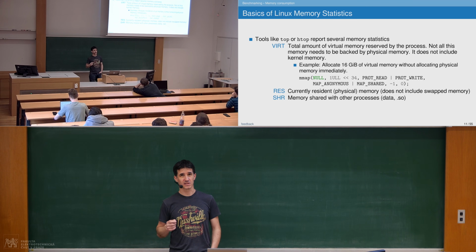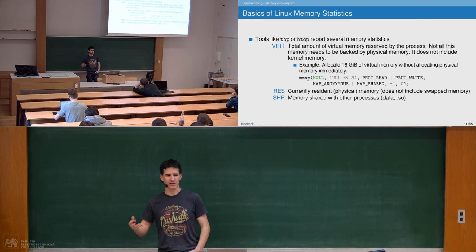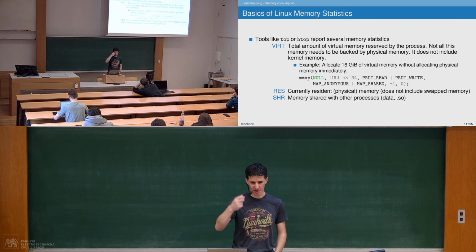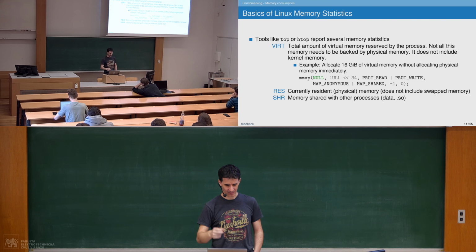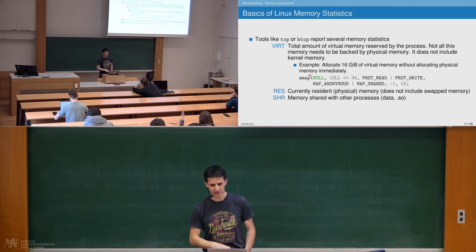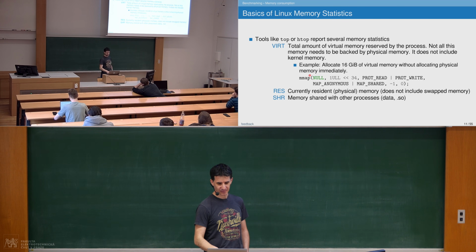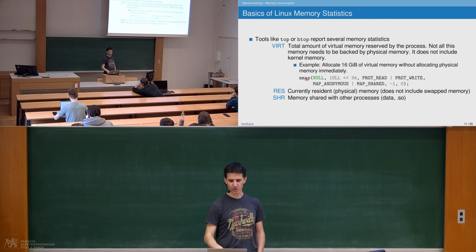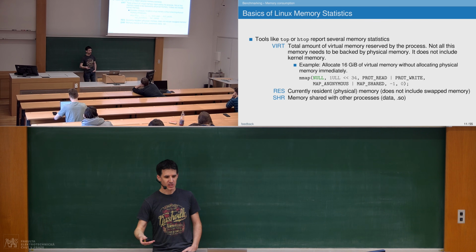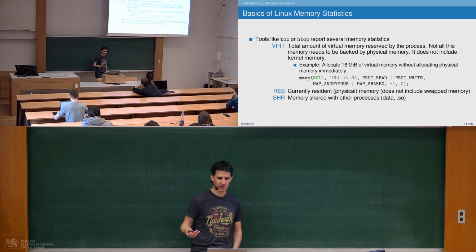This number just says what is the size of the address space currently allocated, and if you want to experiment a bit and see how imprecise this can be, if you write an application in C, you can call a system call like this, which tells the operating system to allocate virtual memory without allocating any physical memory.